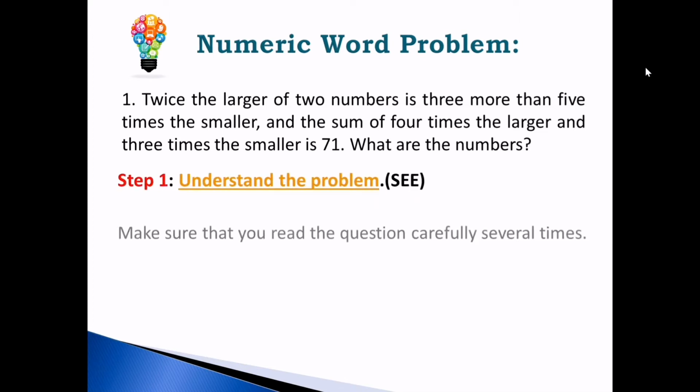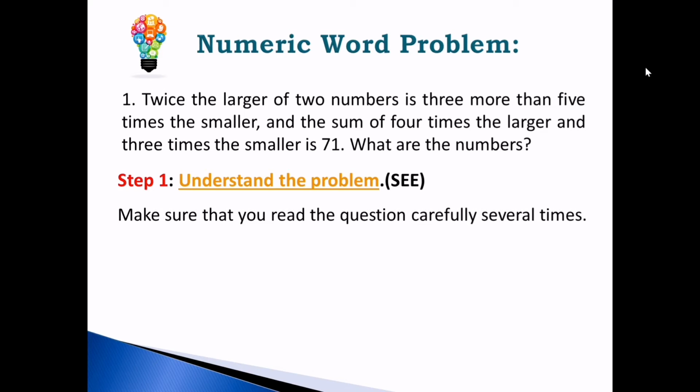Shall we have the first step? Understand the problem, the C. Make sure that you read the problem at least more than once. After reading and reading it again, probably you're able to see that the problem is only looking for the numbers. And what are those numbers?